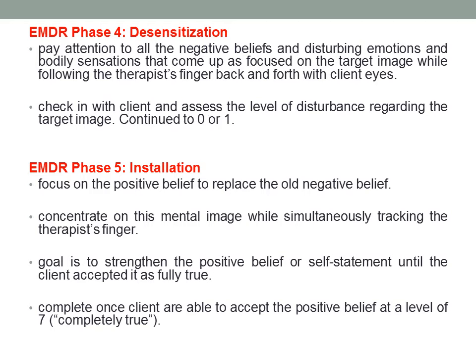Furthermore, with the client's attention split between the internal image being concentrated on and the external stimuli of the therapist's moving finger, the client would be able to experience the distressing memory while remaining grounded in the present, enabling the client to process and reframe the trauma.